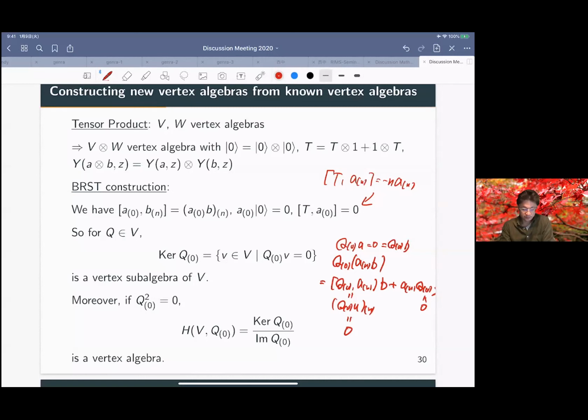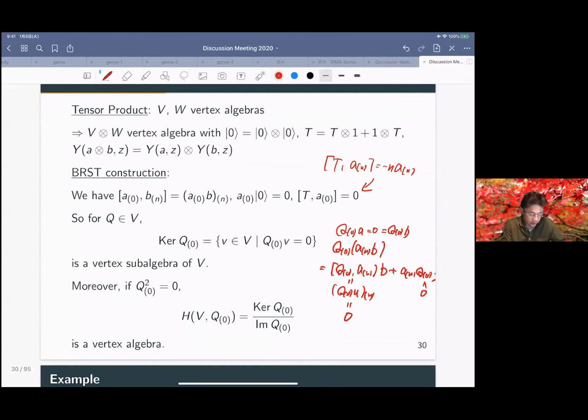So the subspace is closed under the nth product, and this becomes a subalgebra. And further, if the square of this element is 0, you can consider the corresponding cohomology, which is defined as kernel by image. And this has the structure of a vertex algebra.